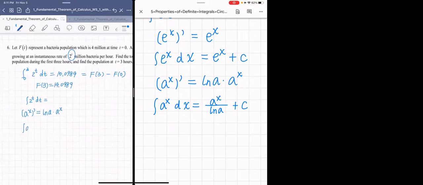So the antiderivative of a to the power x is going to be 1 over ln a times a to the power x plus c. Does that make sense? Yes? Please remember those formulas, okay?